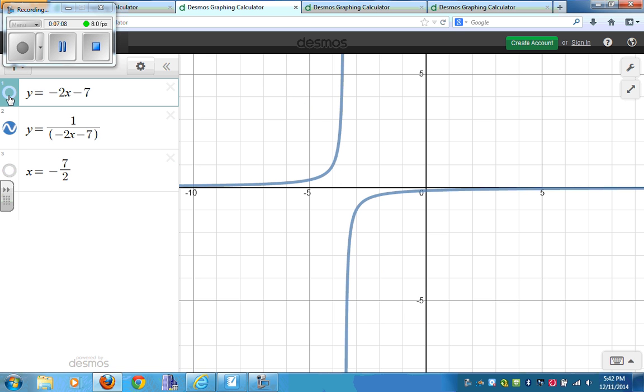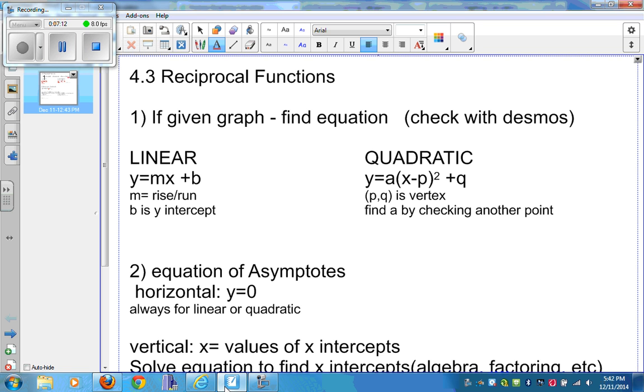Okay? And I'm going to teach you where we pull information from. This is a handout that you have. If given a graph, you need to find the equation. That's the first step we're going to do. Check with Desmos. Our skill set is: if it's linear, we can use y equals mx plus b, where m is the rise over run, b is the y-intercept.